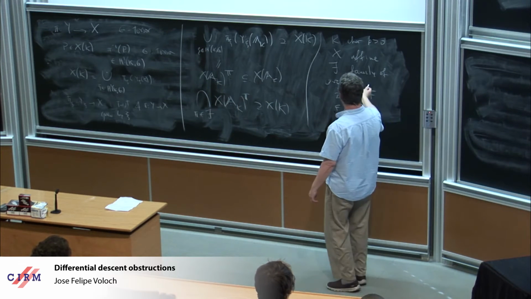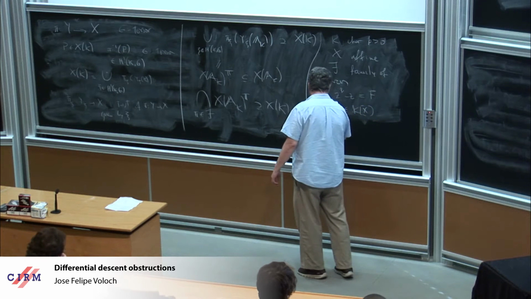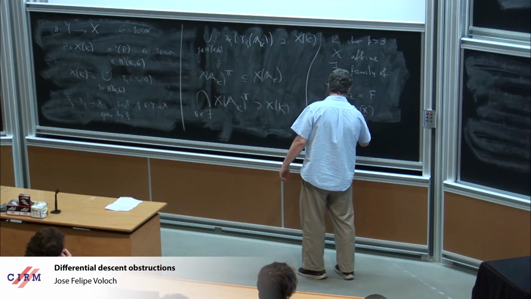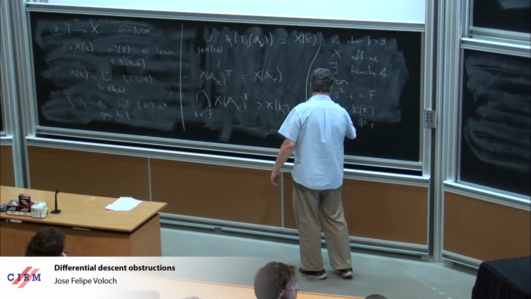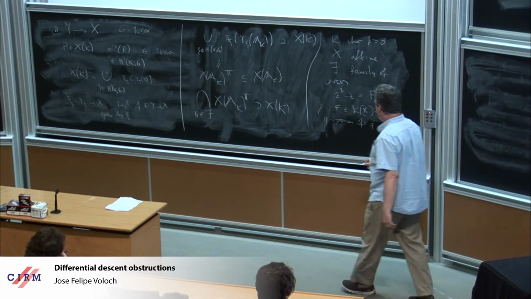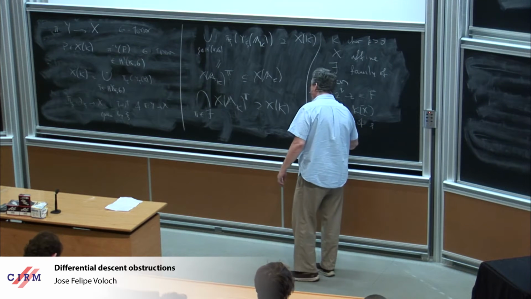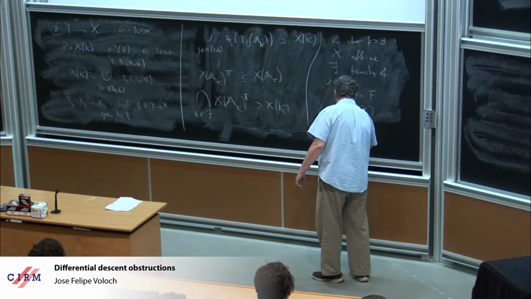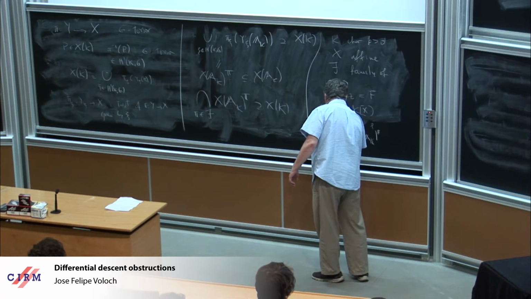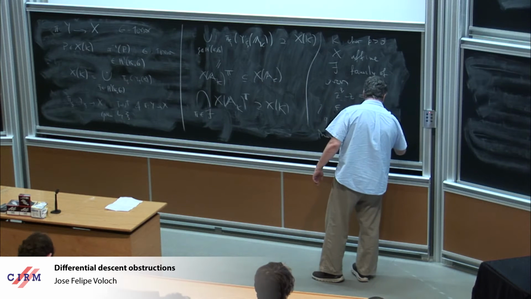So if you take the family of covers where q is some power of p, and f as above, so this is the family, then this intersection is exactly the rational points.